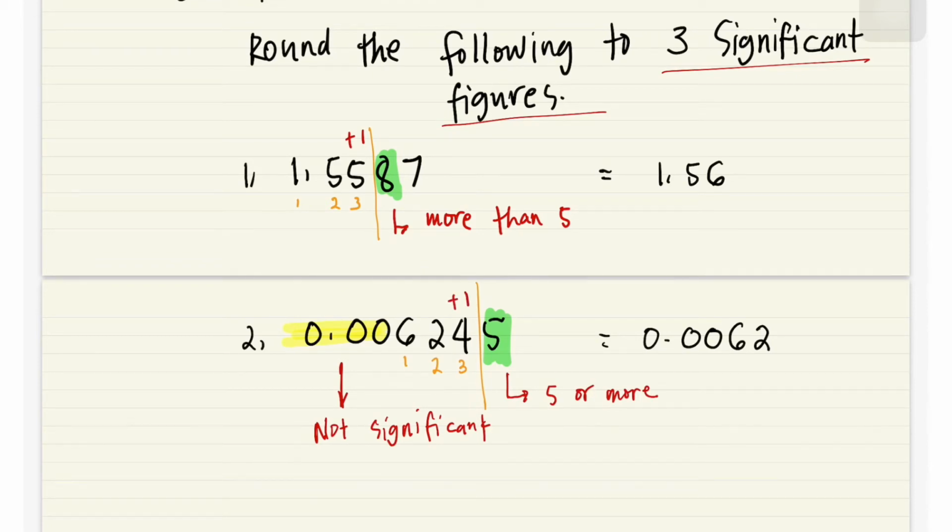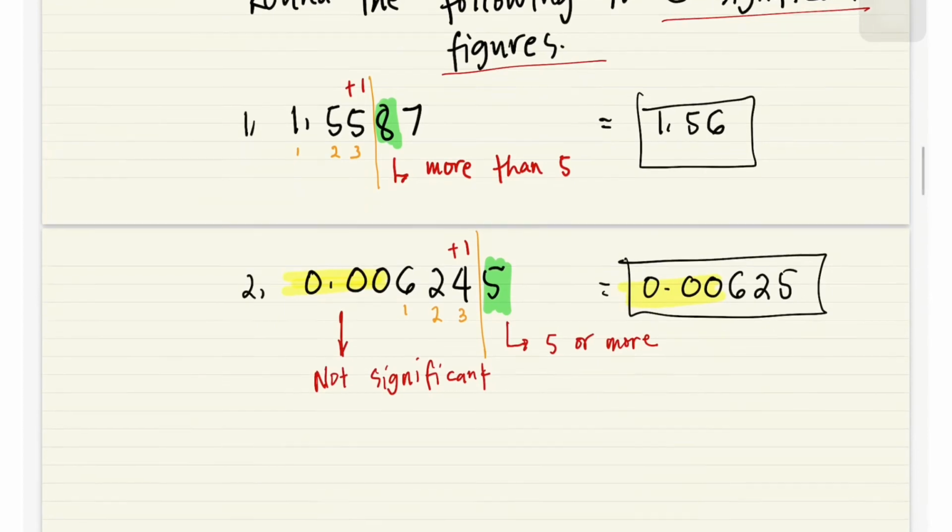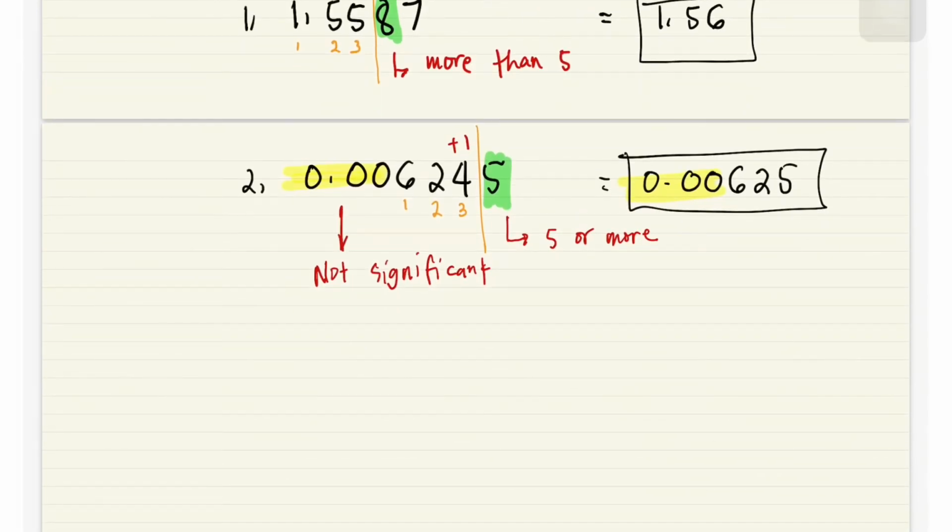So it becomes 5. So the answer would be this. Again, these digits here are not significant.